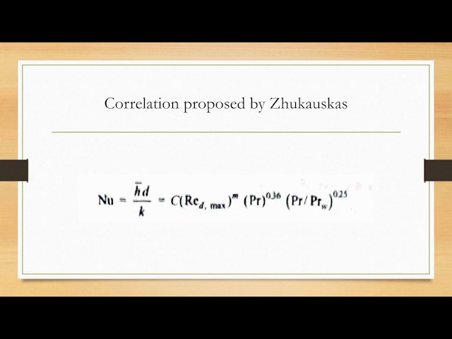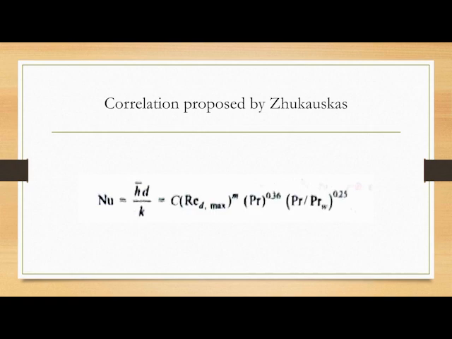So here we have this correlation which was proposed by Zhukauskas. The correlation says Nusselt number equals h bar multiplied by d divided by k equals the given equation.